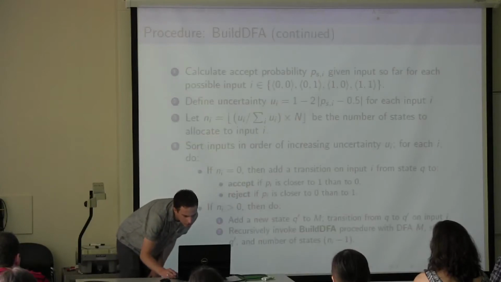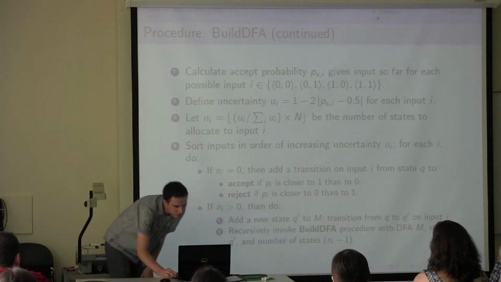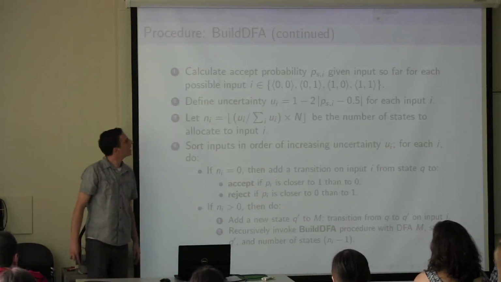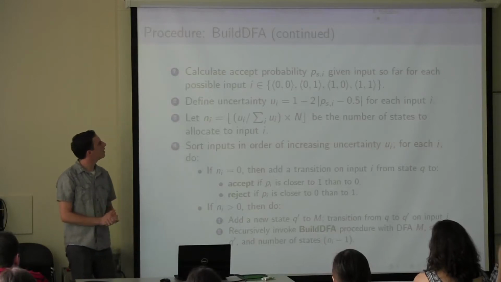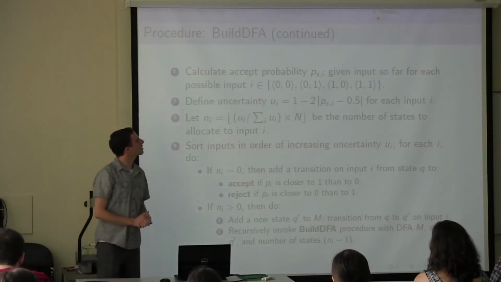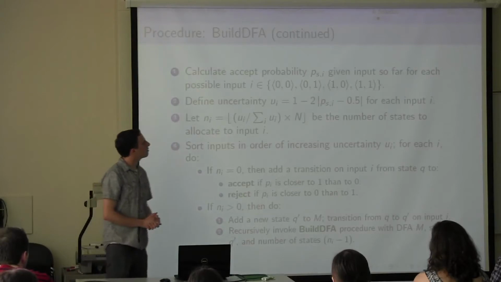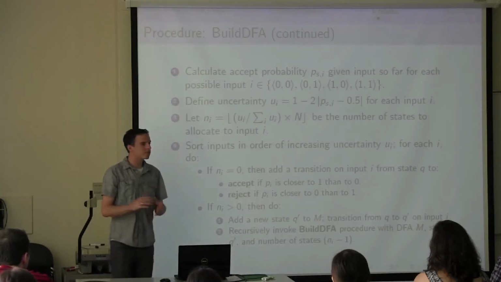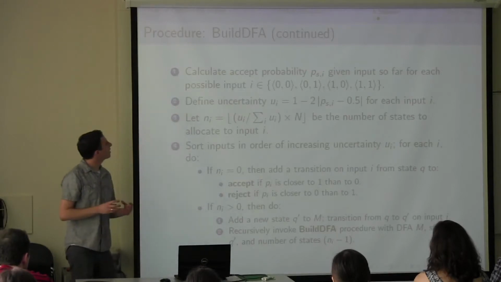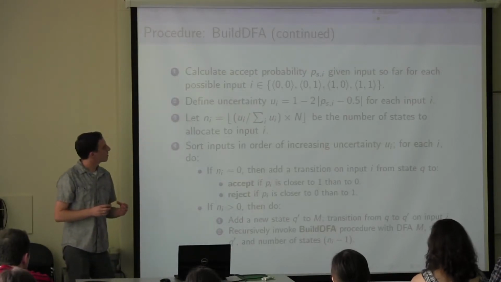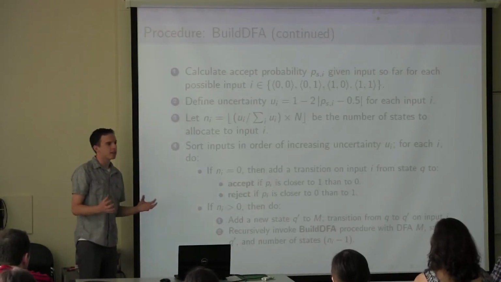All right, I'm going to walk you through this. In this first step, we're going to hand-wave the actual calculation of the probabilities, but let's assume that, given an input so far S and an input symbol I that we just got, we can calculate the probability that this string is going to be in the language, right?